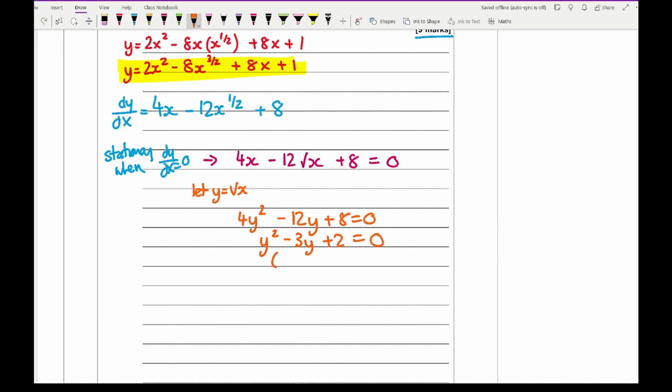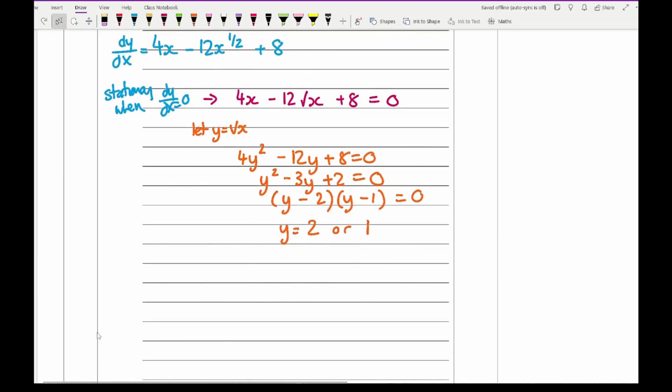I can then factorize this, so I've got (y minus 2)(y minus 1), so y equals 2 or 1. So from this, root x equals 2 or root x equals 1.